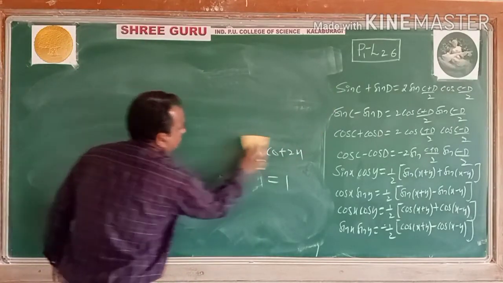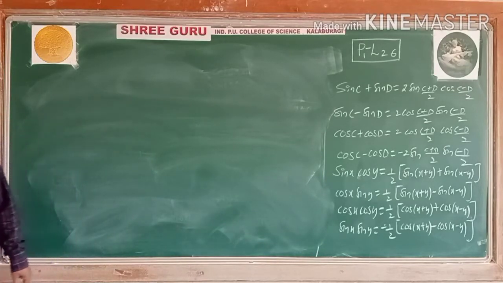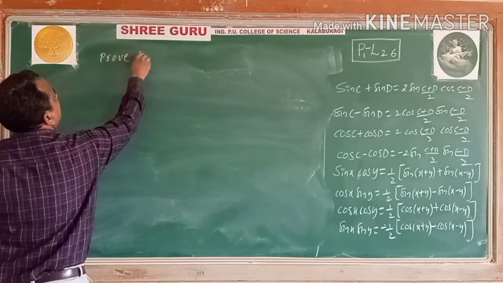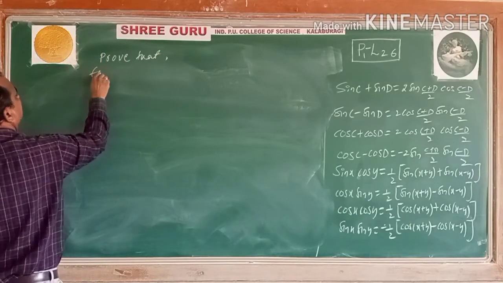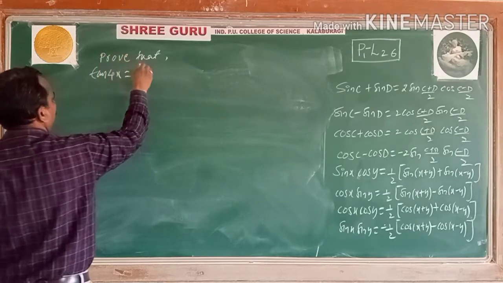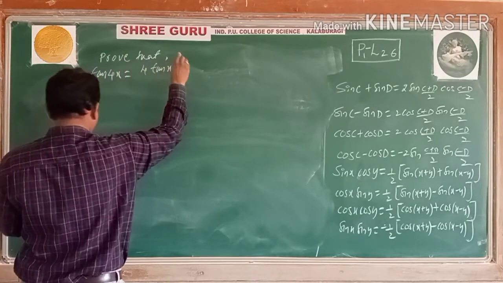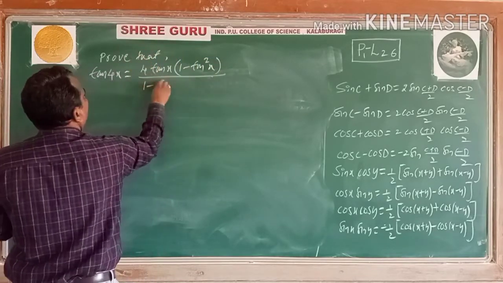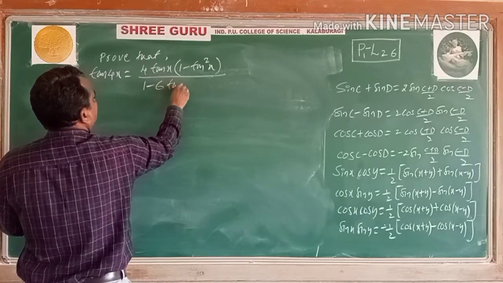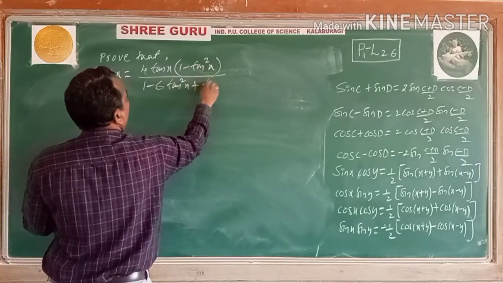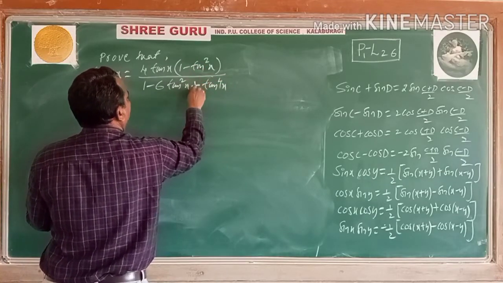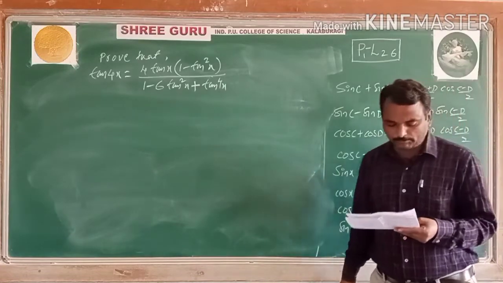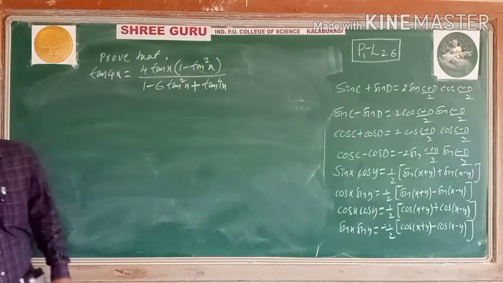See the students, next example. Prove that tan 4x is equal to 4 tan x into 1 minus tan square x divided by 1 minus 6 tan square x plus tan 4 of x.